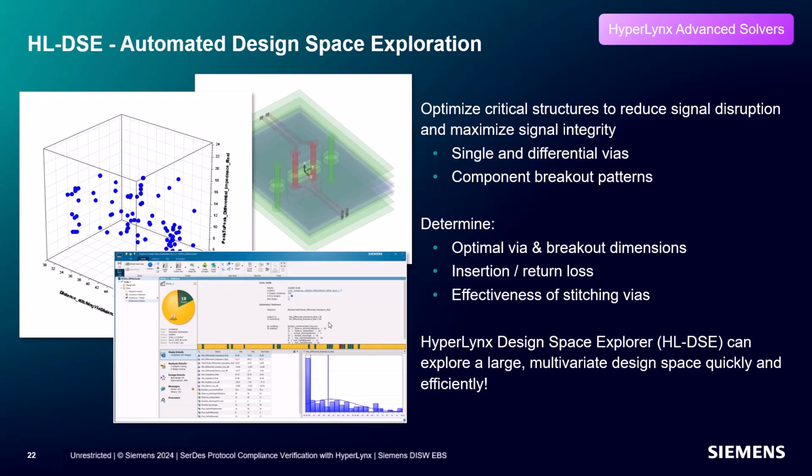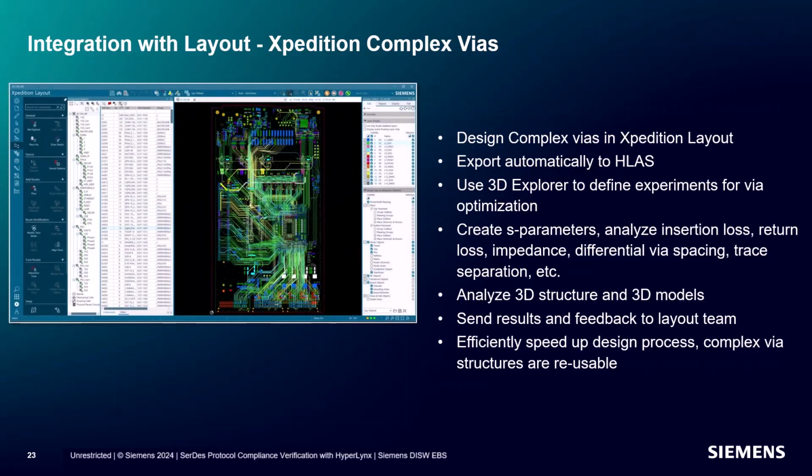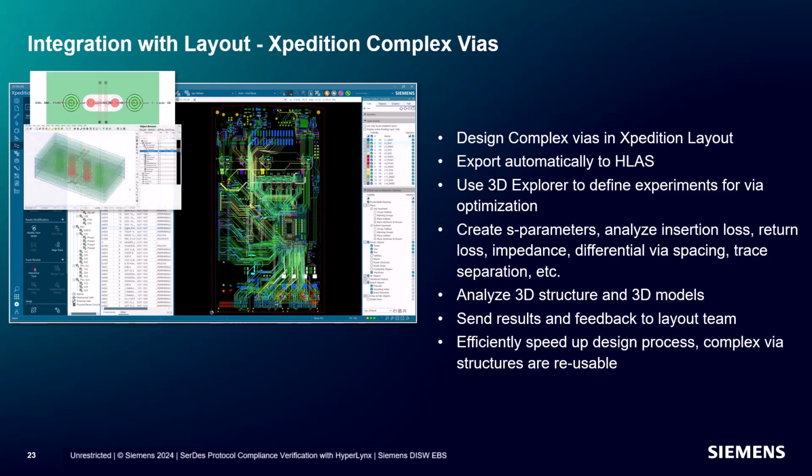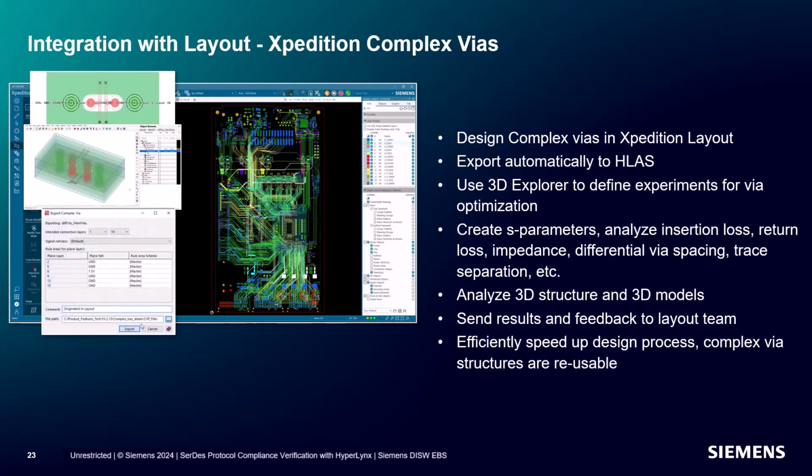Sherpa can efficiently balance goal optimization against avoiding local minima and maxima, often providing workable results with a budget of as little as 100 experiments. The Siemens integrated flow allows users to create complex vias in Expedition Layout that can be imported for analysis and optimization, then exported back to Expedition and used as a recurring structure in the design.